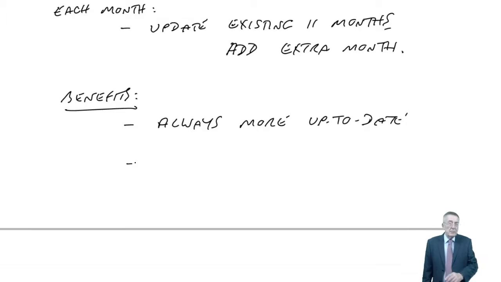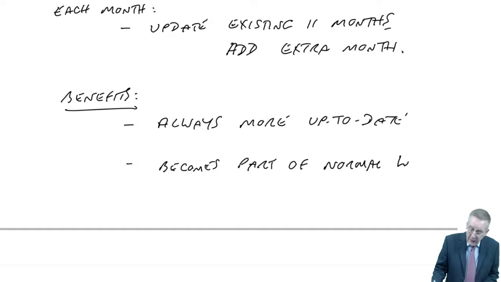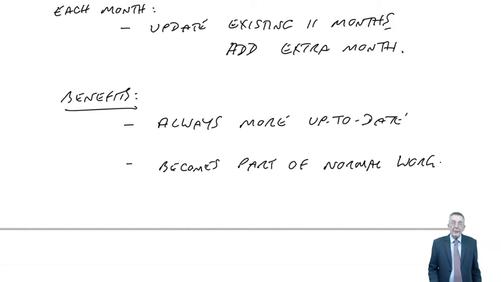Well, the benefit of a rolling budget is it becomes part of normal work. You know you're going to have to do it every month. And so you start setting aside time. You become under less pressure. There's less work to do because it's the updating and adding a month. And of course, you don't forget how to do it. You know what you're looking for every month.